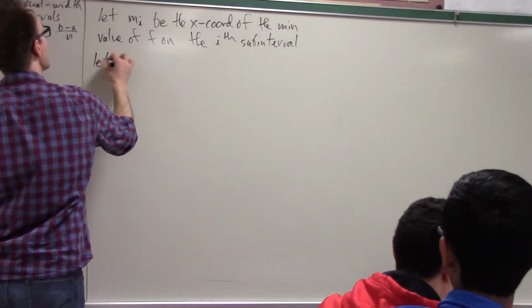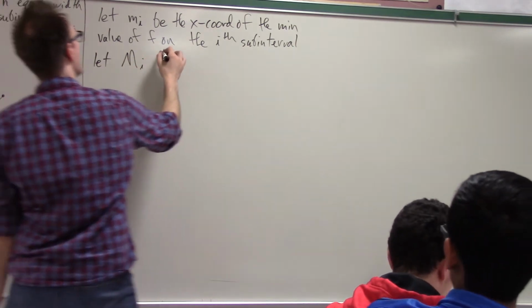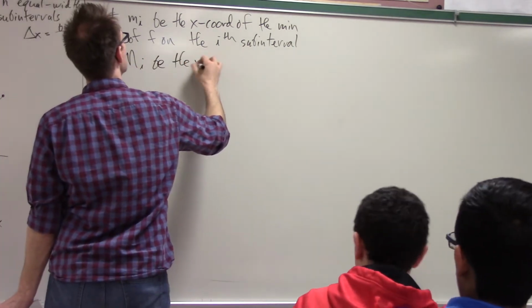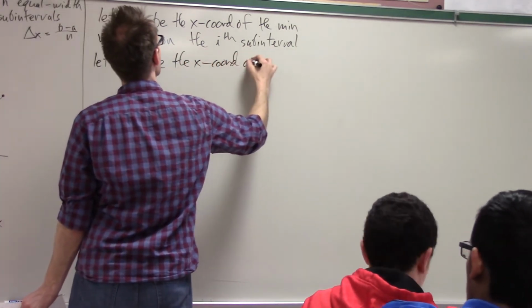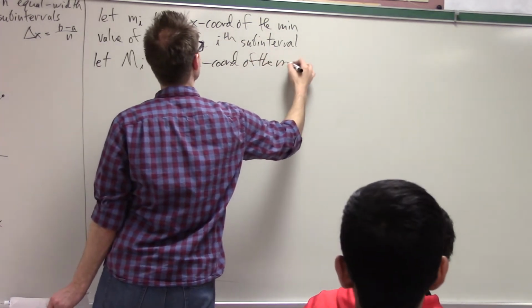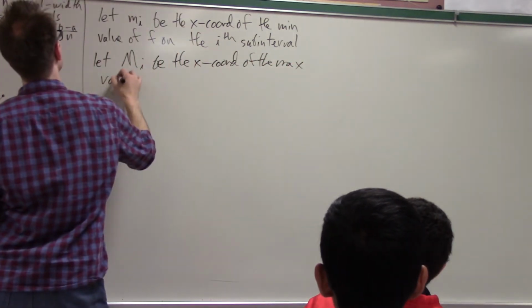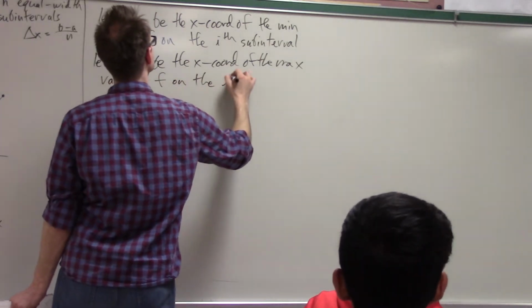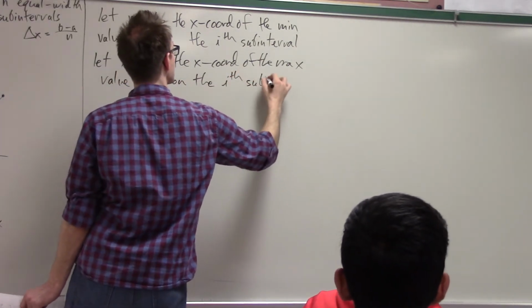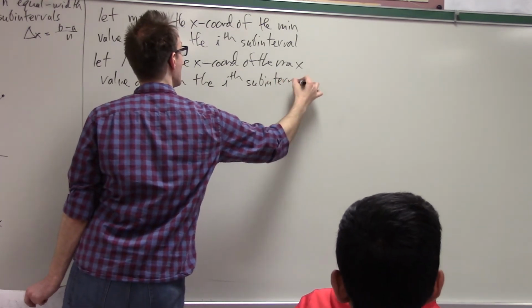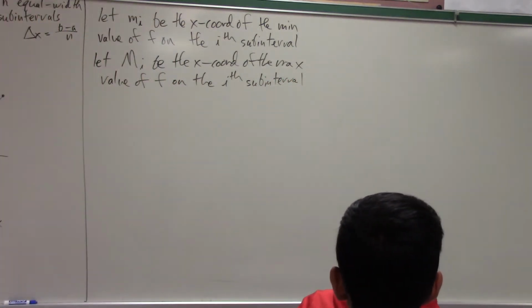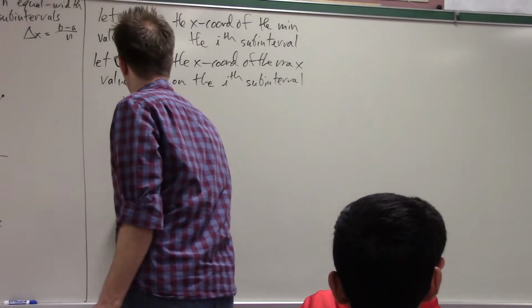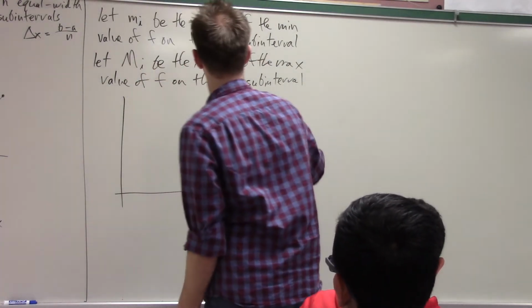And let big M sub i be the x-coordinate of the maximum value of f on the ith subinterval. Now I can pursue these alternate methods to find the area under the curve.